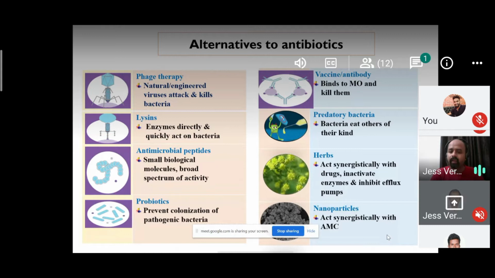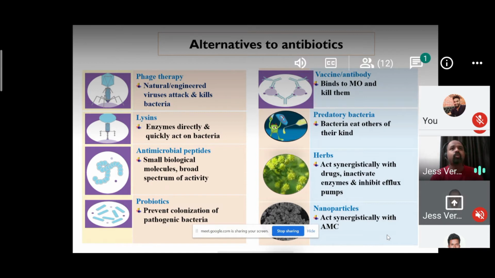We are well aware of the herbs, the medicinal plants, which are mainly used in ethno-veterinary and ethno-medical practices to act synergistically with the antibiotics which are in place, to inactivate the enzymes or inhibit the efflux pump mechanism.